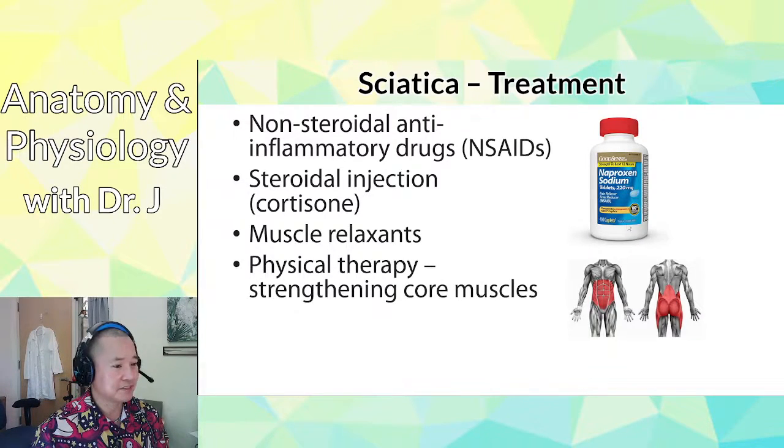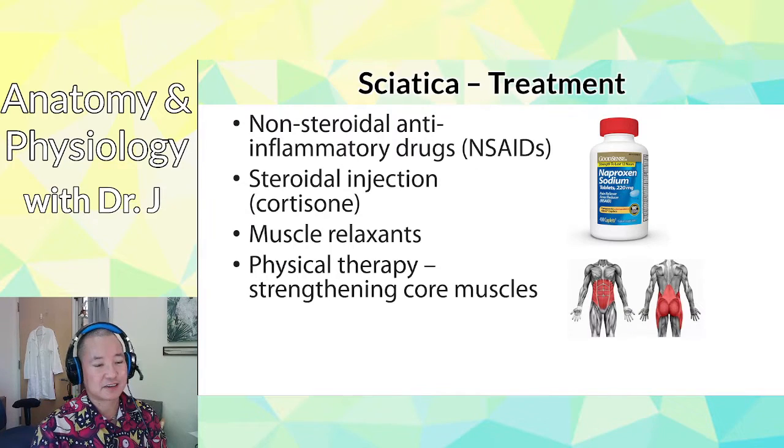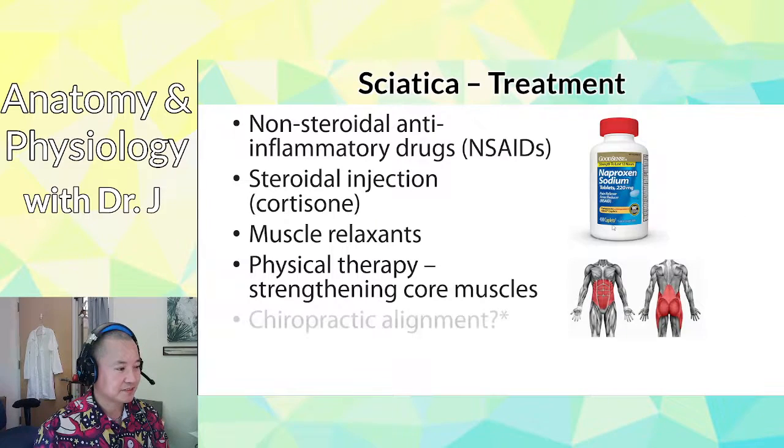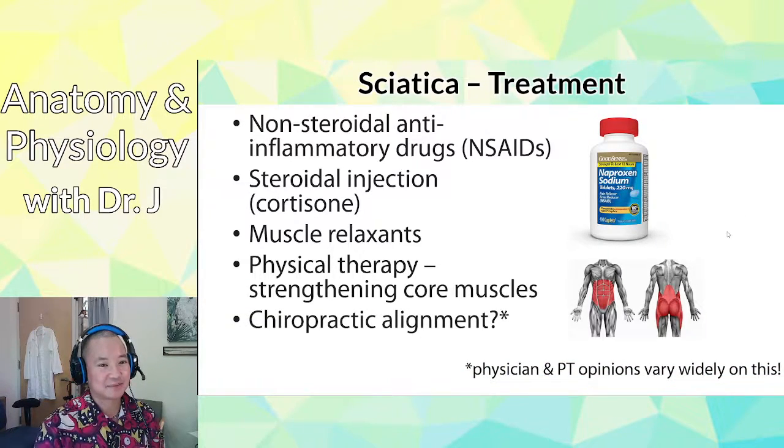Or physical therapy. This is another common strategy. Say you don't want to do surgery. What you can do is try to relieve pressure and build up surrounding muscles, so you relieve the pressure of whatever is compressing that nerve. And then chiropractic alignment.